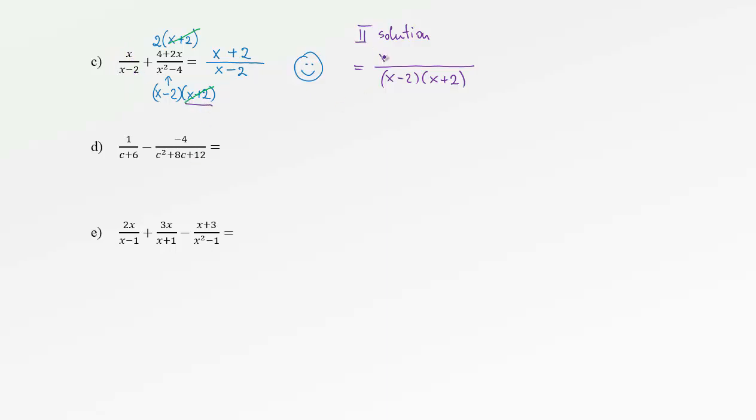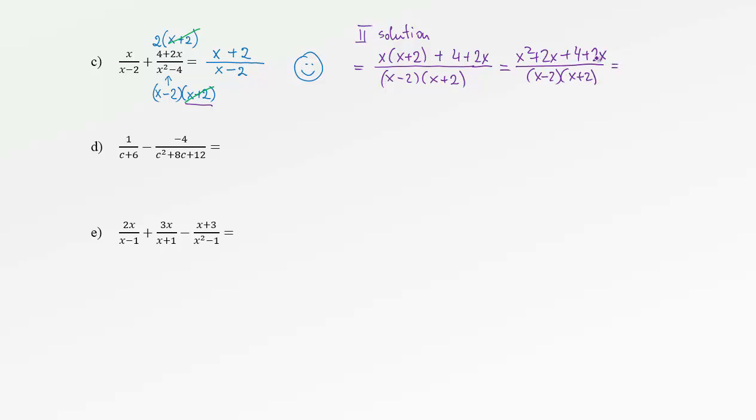So we'll end up with x times x plus 2 from the first fraction, and then it's plus the old numerator 4 plus 2x as it was, because we didn't change the denominator of the second fraction. And then release the bracket and collect like terms. So we'll have x squared plus 2x plus 4 plus 2x over x minus 2 and x plus 2.